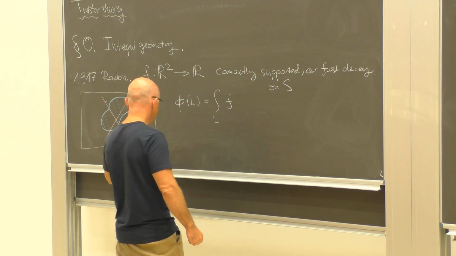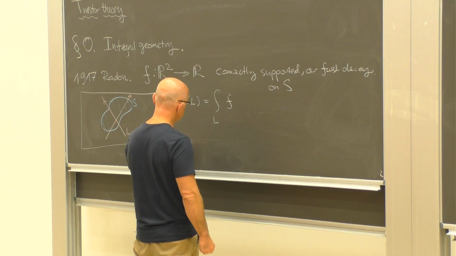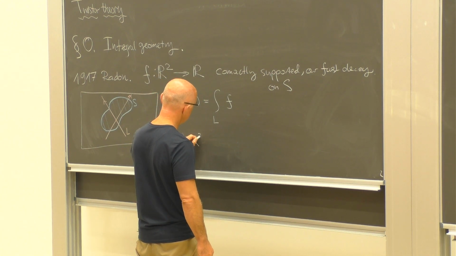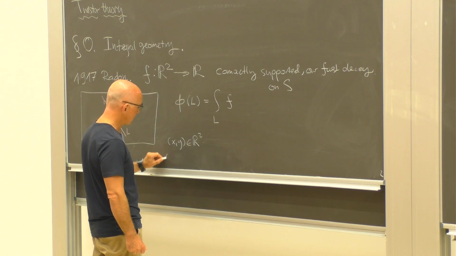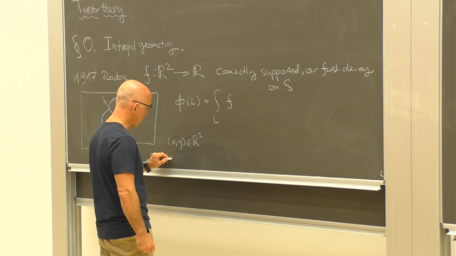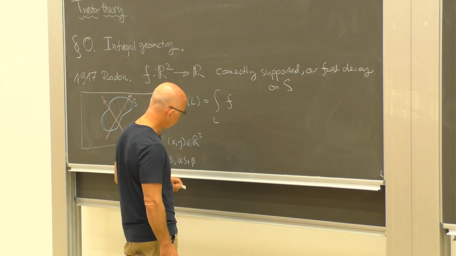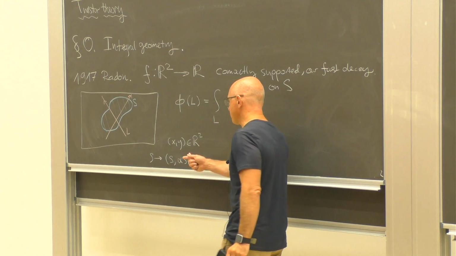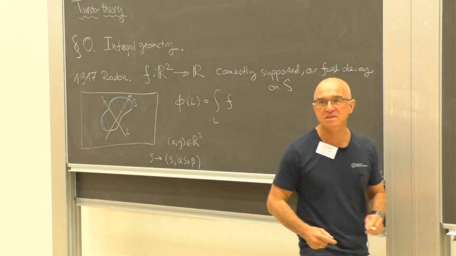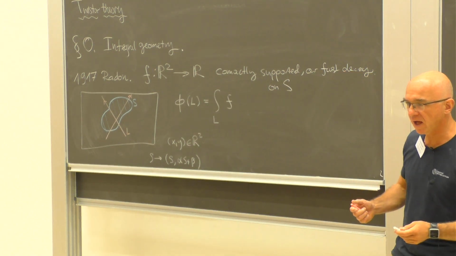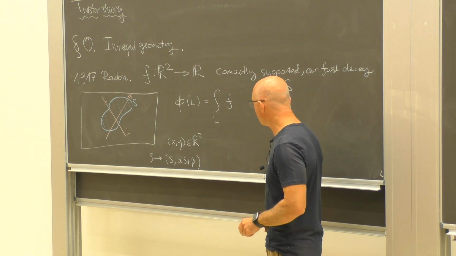but we can represent a line by saying that if x and y are coordinates in R2, then a line will be given by s goes to s, and then alpha s plus beta. So by choosing this parametrization, I'm assuming that the x coordinate is not constant on the line, so I'm losing some codimension one worth of lines, but what the hell?